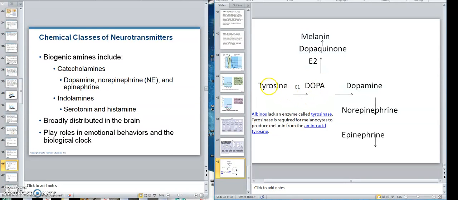So here would be tyrosine, instead of making melanin, making dopamine. And then another enzyme would come in and allow it to make norepinephrine. Then another enzyme would come in and allow it to make epinephrine. Okay, just showing you all of this. But all of these have the catechol ring. That's why they call them in clinical the catecholamines.